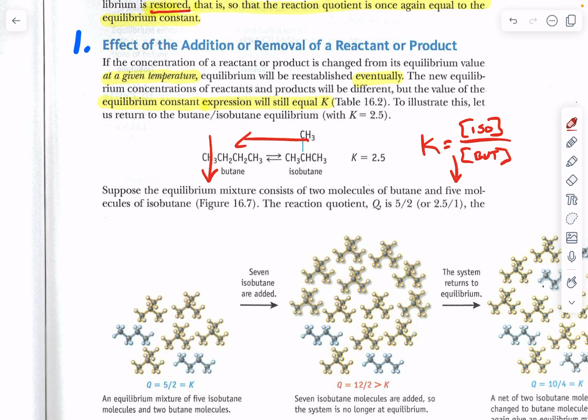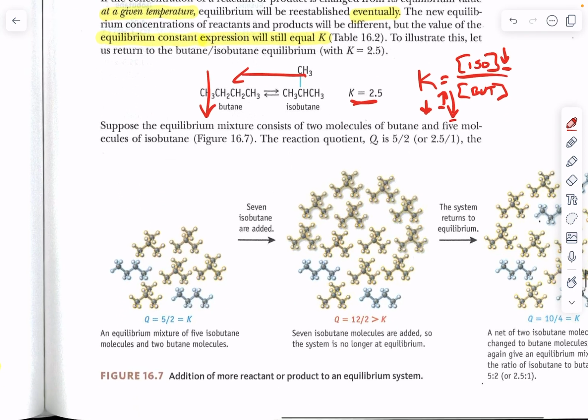So when it's going to the left, the iso is going to go down, but it's going to add some butane, and the net change, if we add these two vectors together, we get a smaller arrow down that matches the smaller arrow down up there. And that's why the value of K does not change.